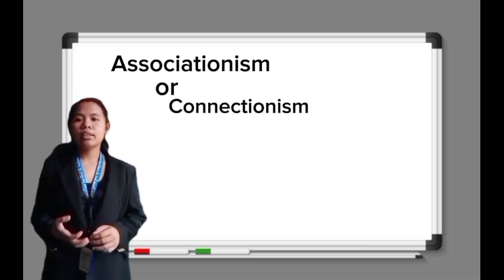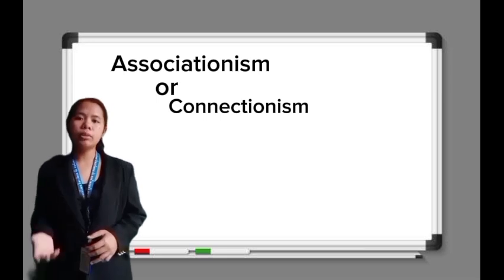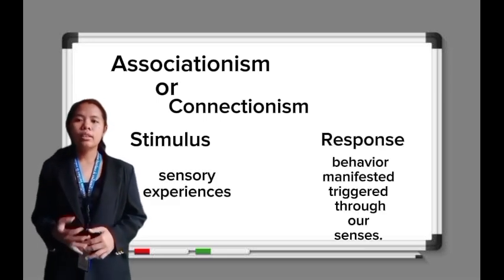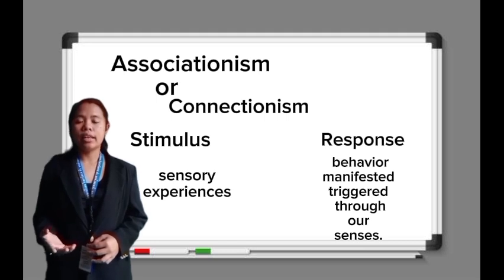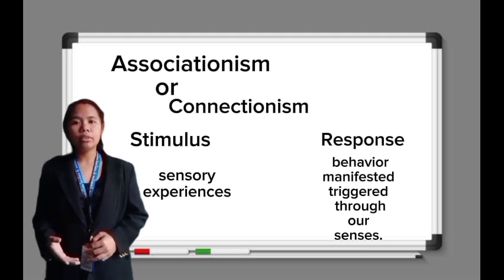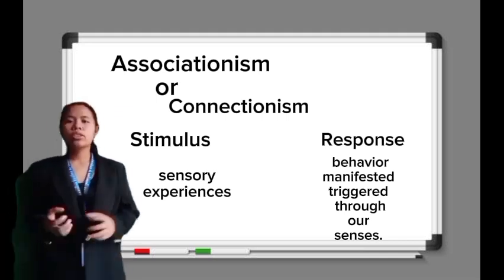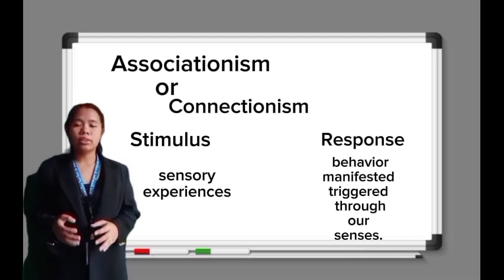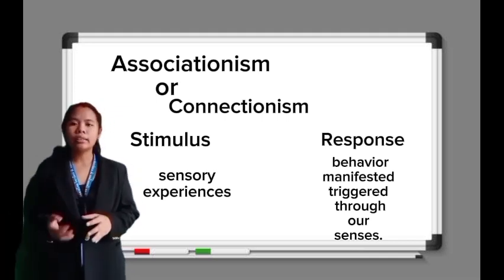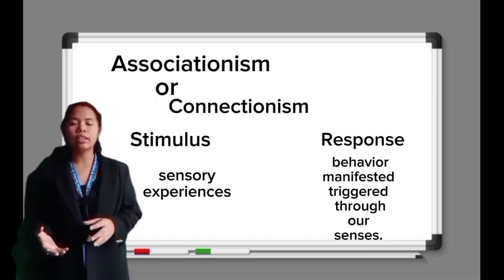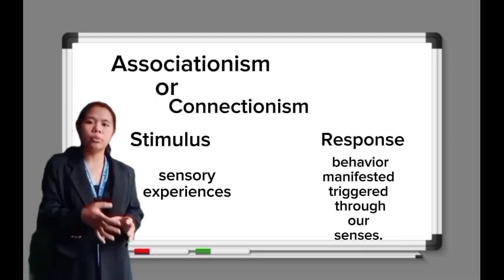It is mainly concerned with the connection between stimulus and response. He believed that learning occurs by trial and error or by selecting a method that could stimulate students' responses. So, stimulus is connected to our responses, as stimulus, or what we experience through our senses, triggers what behavior we manifest.